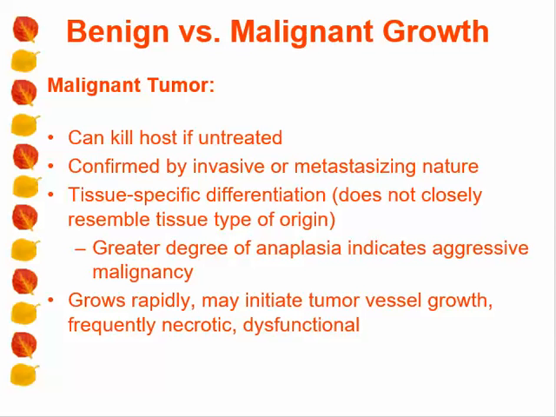It starts in a specific tissue, but it doesn't resemble the tissue that it comes from. There's quite a bit of anaplasia, and the more anaplasia there is, the more aggressive the malignancy. So anaplasia is inappropriate growth. It's lack of differentiation.